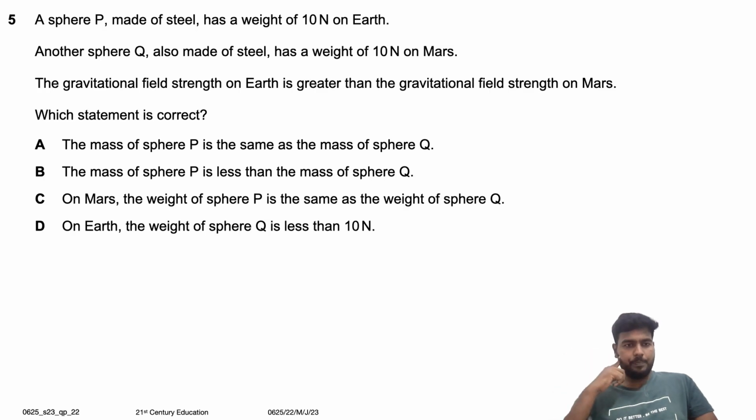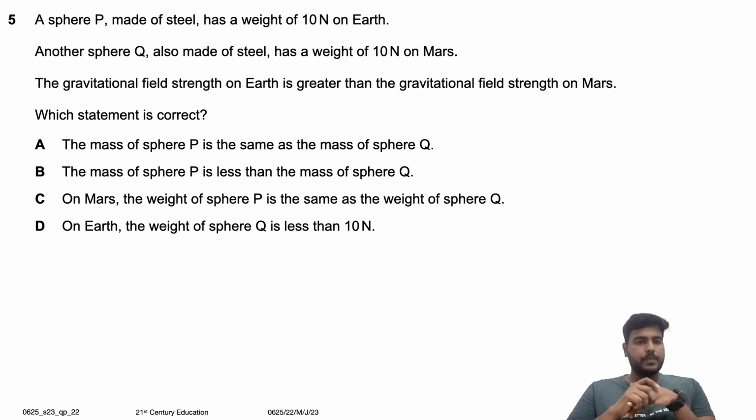A sphere P made of steel has a weight of 10 Newton on Earth. Another sphere Q, also made of steel, has a weight of 10 Newton on Mars. The gravitational field strength on Earth is greater than the gravitational field strength on Mars. Which statement is correct?